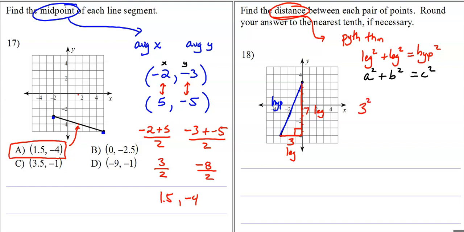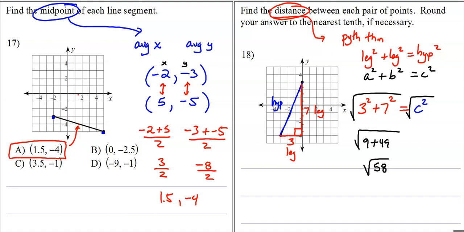So leg squared plus leg squared equals, I don't know, squared. If you want, you just take the square root of both sides. Take the square root, take the square root. So that is the square root of 9 plus 49, or the square root of 58. And I would accept that, or I would accept an answer of, let me just check that out.